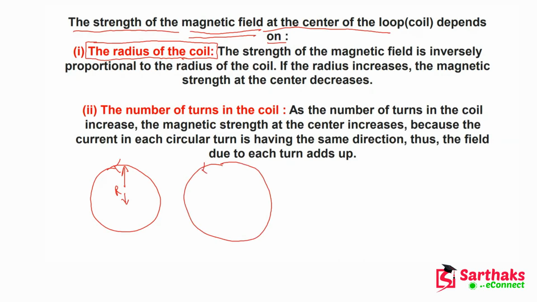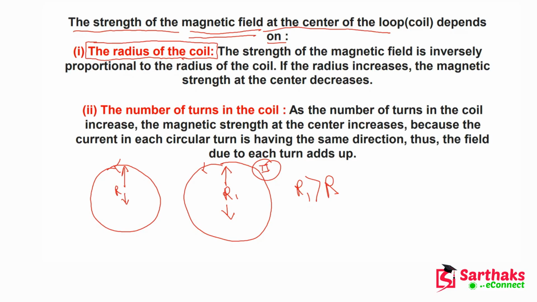In this case, let's suppose the radius is R1 and this R1 is greater than R. So in this second case, the magnetic field will not be as strong as in the first case.